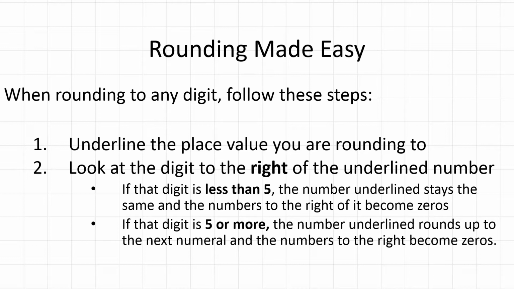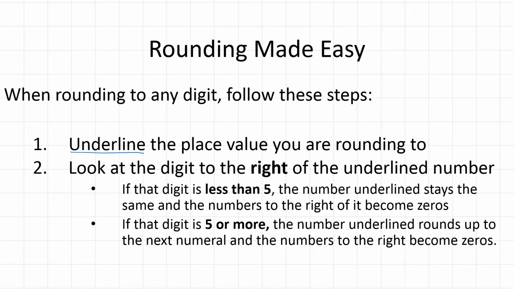When rounding any digit, follow these steps. First, I want you to underline the place value you're rounding to. So if it says round to the nearest hundred, underline the hundreds place. If it says round to the nearest thousand, we're going to underline the thousands place value. Next, you're going to look to the digit to the right of the underlined number.